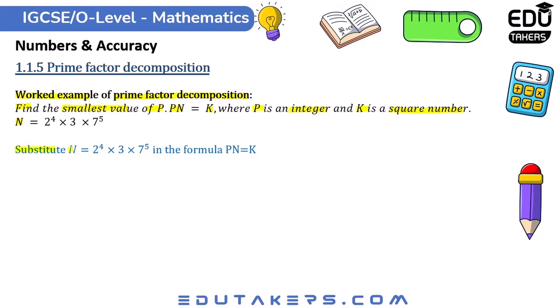Substitute n equals 2 raised to power 4 times 3 times 7 raised to power 5 in this formula, pn equals k. So p times the value of n equals k.